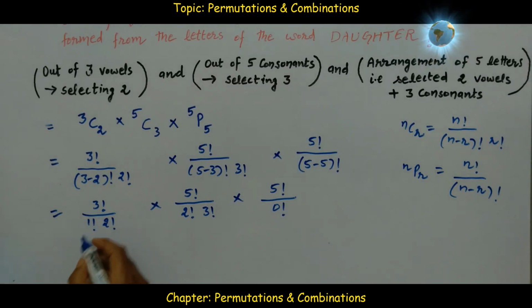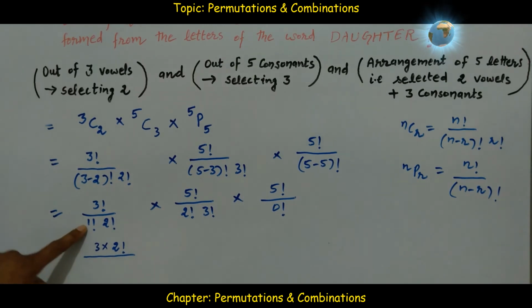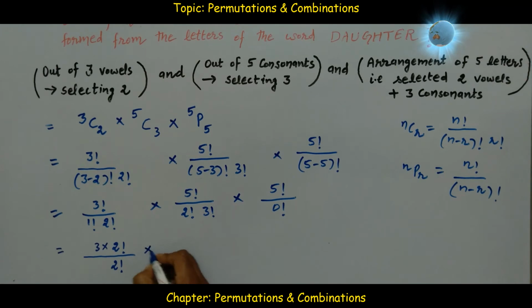Now again, 3 factorial means 3 into 2 factorial. Dividing by the denominator 1 factorial, which is 1, only 2 factorial is left, into 5 factorial.